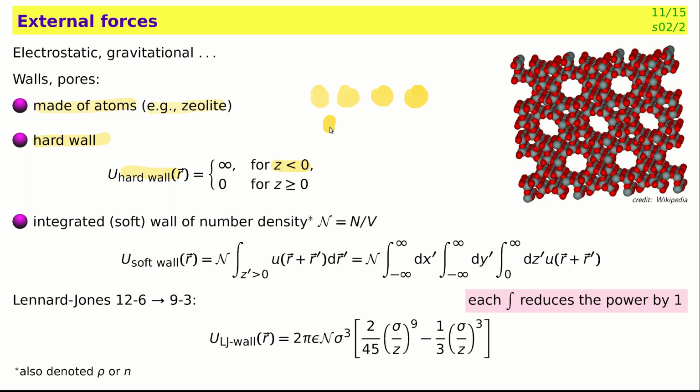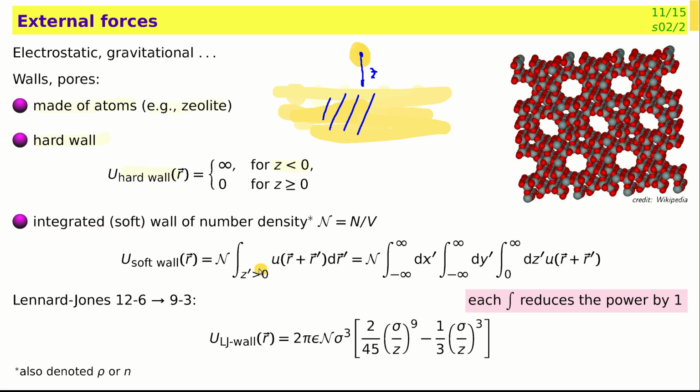So we can imagine a crystal, but instead of calculating explicitly for each atom in this crystal, we'll smooth this out. That is, we integrate. In this case, the interaction of an atom which is somewhere here outside this wall. That is, we are looking, let us say this is the z coordinate. So we'll integrate over this half space.